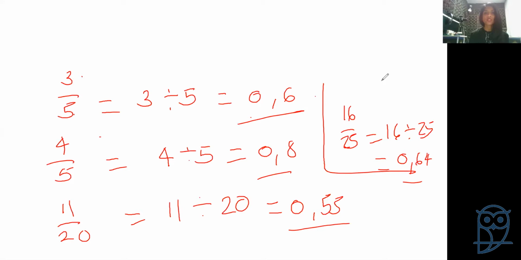Okay, so moving along. What are some of the rules we should apply when we are converting decimals to a fraction? So for example, if I had to take 0.1 and I want to turn this into a fraction, what should I possibly do?